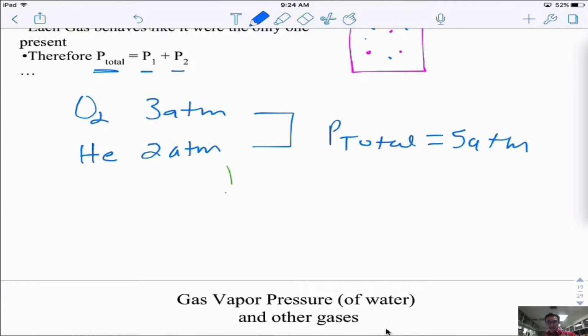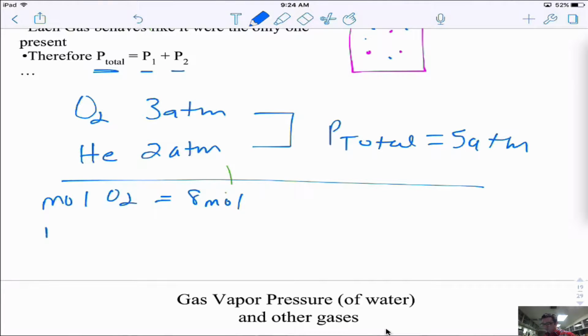Now things get a little bit more complicated if I don't give you the pressures. What if I were to give you the moles of each gas? Let's say the moles of O2 was 8 moles, and the moles of helium was maybe 4 moles.